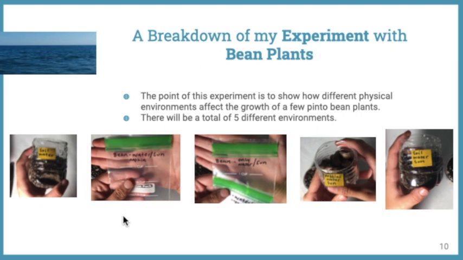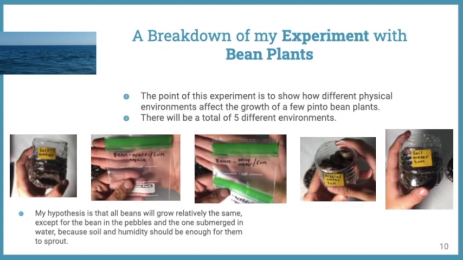The second will be a bean placed in water, sun, and with a moist napkin inside of a Ziploc bag. The third will be a bean in a Ziploc bag with only water and sun. The fourth is going to be a bean with pebbles, water, and direct sun. And the last one is just going to be soil, water, and sun.